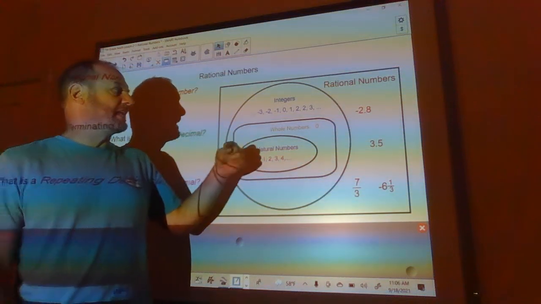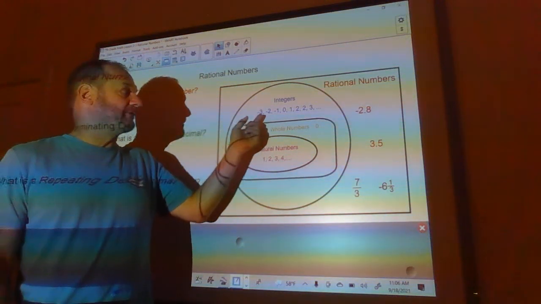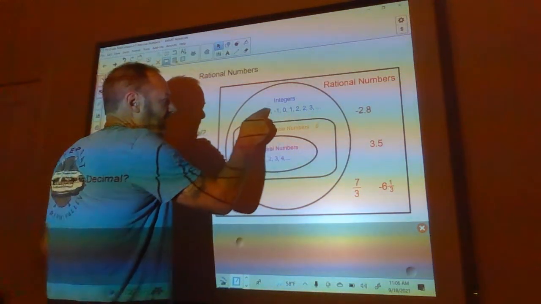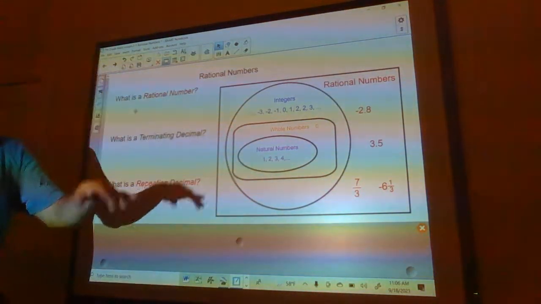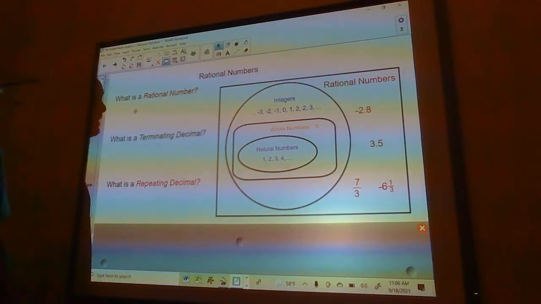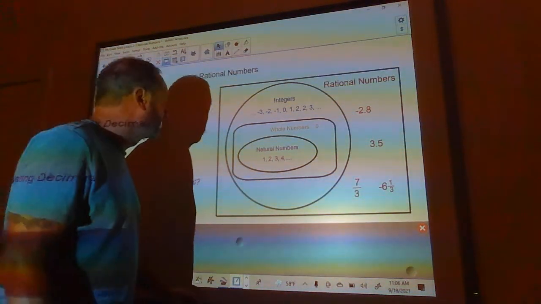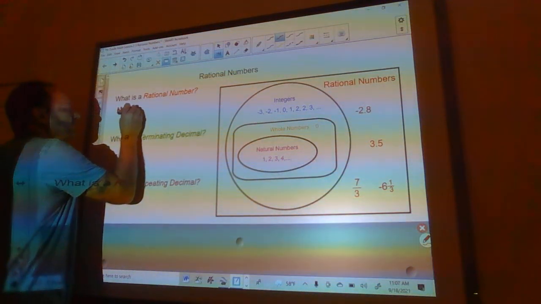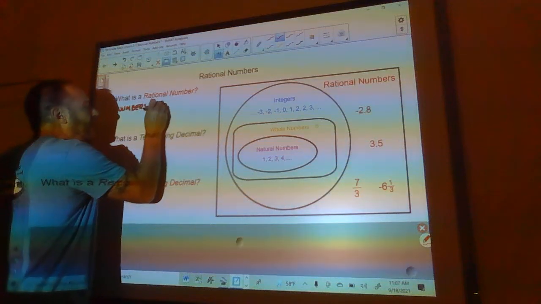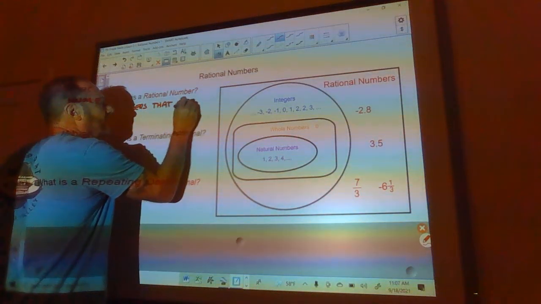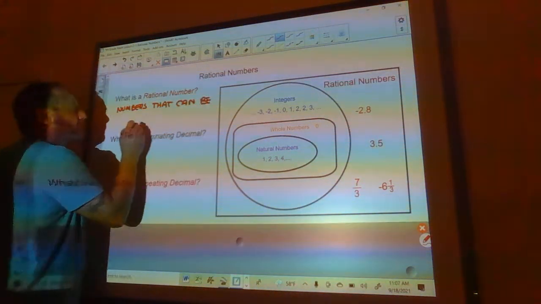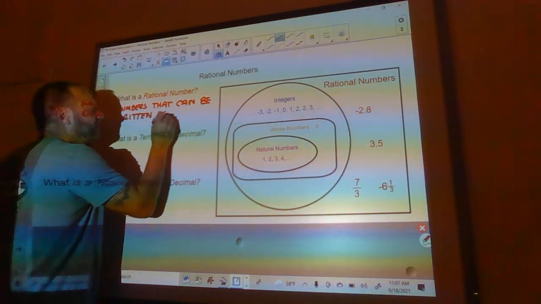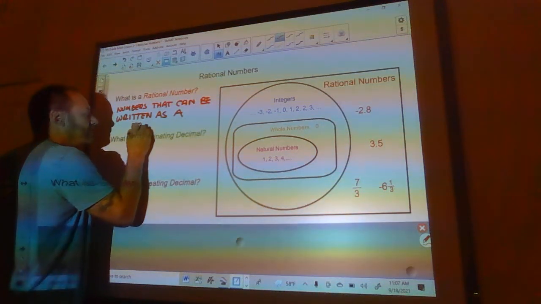And then we talked last unit about integers. That was adding negatives. So you're taking all of these and you're adding -1, -2, -3, -4, and so on to negative infinity. So rational numbers are actually numbers that can be written as a fraction.